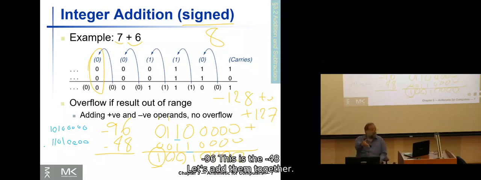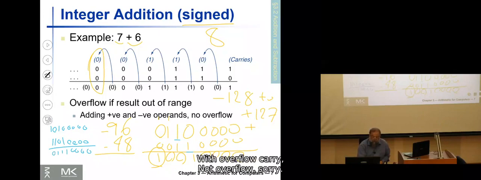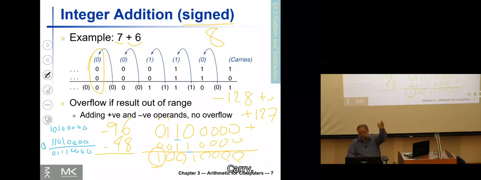The first one is minus 96. This is minus 48. Let's add them together. 0 and 0 is 0, 0, 0, 0, and 1, 1, 1, and 0, 1, 0 and 1, 1, 1 and 1, 0 with carry, not overflow, sorry, with carry.